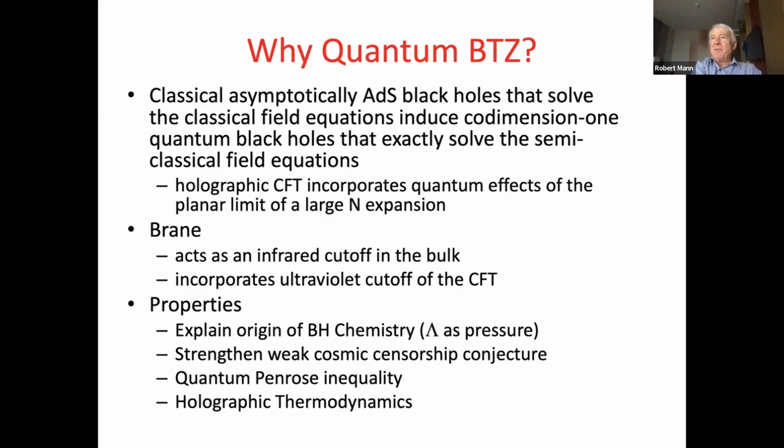So if you like, the AdS gravity from the AdS black hole is dual to a CFT on the AdS boundary. But by cutting it off with this brane, one is integrating out all the effects of the CFT that's cut off from that part of the boundary, and it affects the metric of the black hole on the brane.